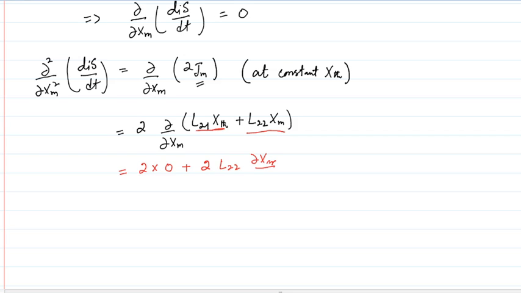That means this comes out to be twice L22. So this term will go, this term will remain. So we have got the second differential here: dou square upon dou xm square of dis upon dt is basically equal to twice L22.